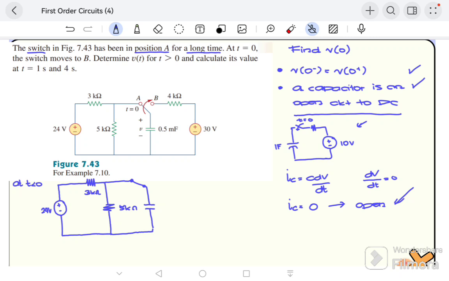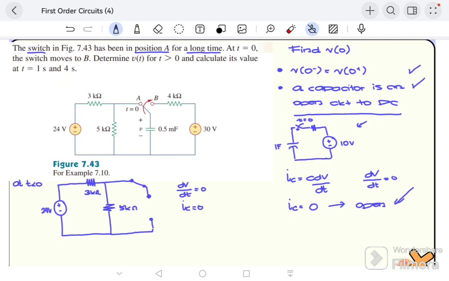Therefore, the capacitor voltage no longer changes, or dV/dt equals 0 and IC equals 0. Therefore, the capacitor is open and we can replace it with an open circuit, because it has been connected to the voltage source for a long time. Thus, the capacitor voltage has reached its maximum value and is no longer changing. Thus, dV/dt equals 0.